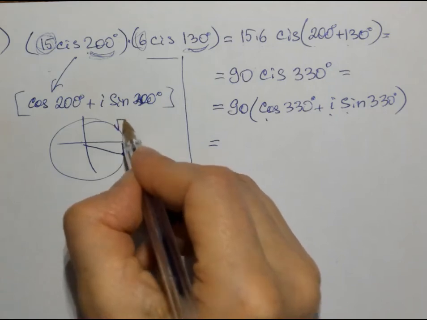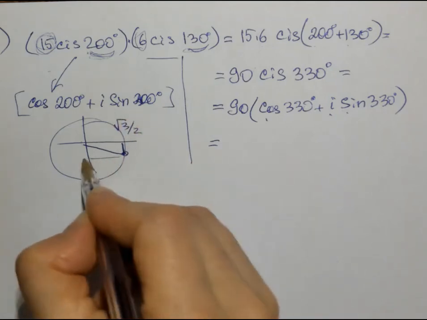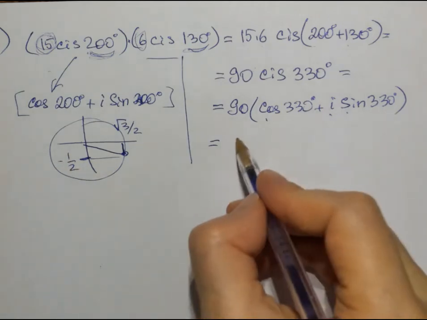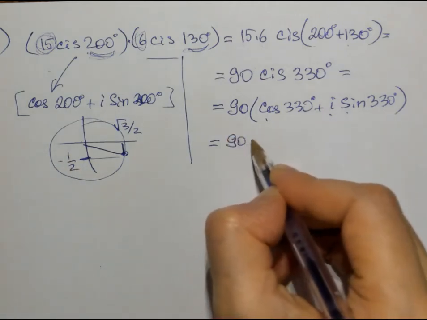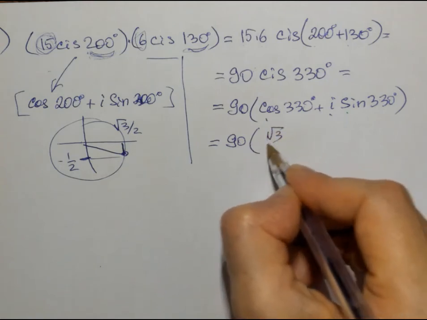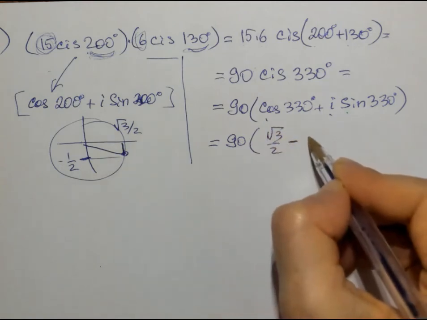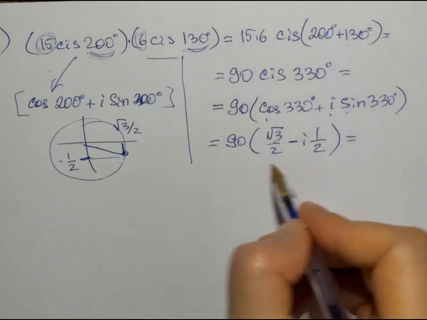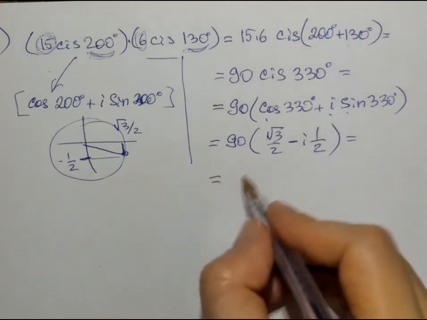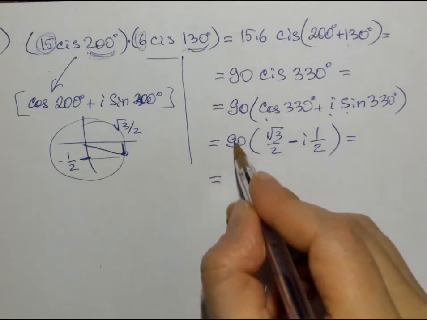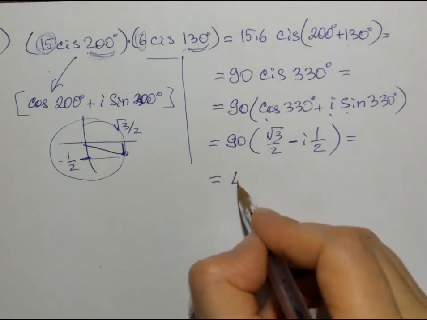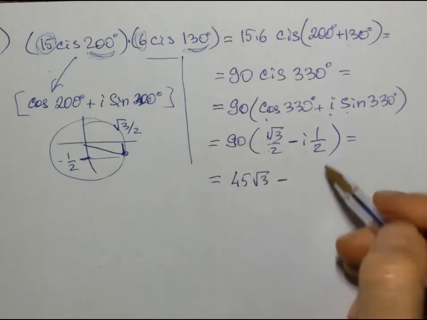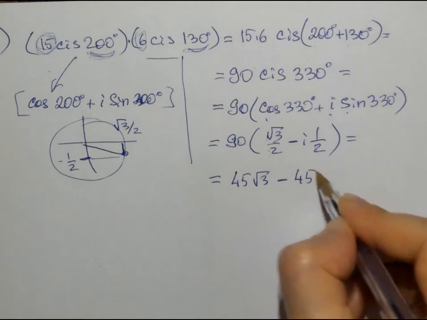Cosine is positive square root of 3 over 2. Sine is negative 1/2. Substitute: 90 times square root of 3 over 2 minus i 1/2. And let us multiply by 90. It will be 90 times 1/2, 45, square root of 3 minus 90 over 2, 45 i.